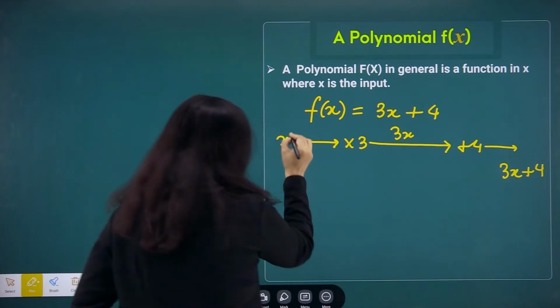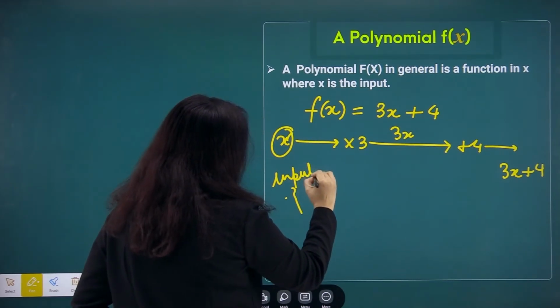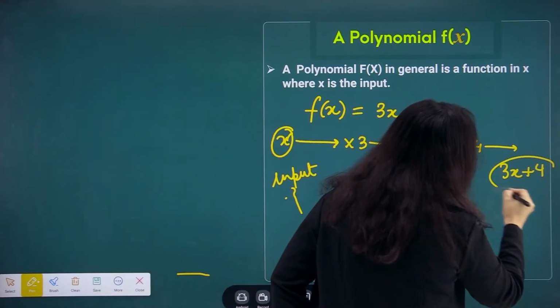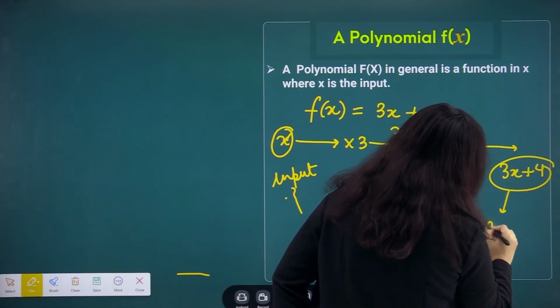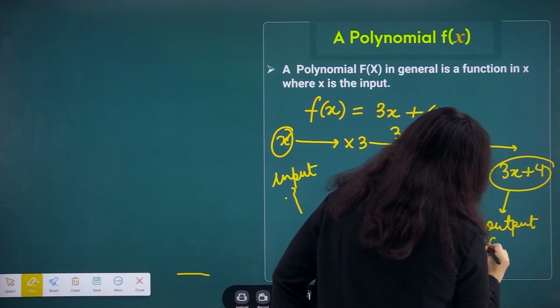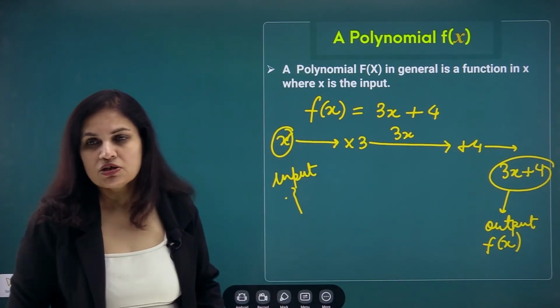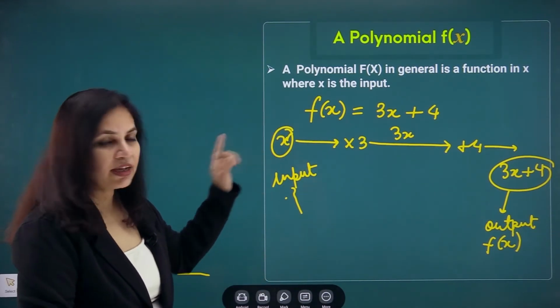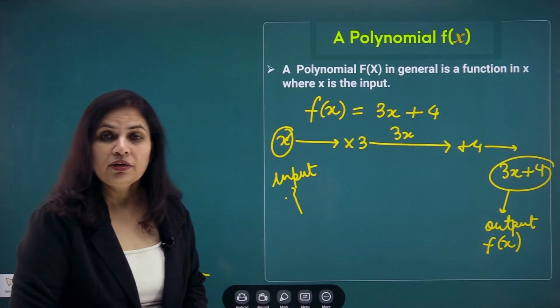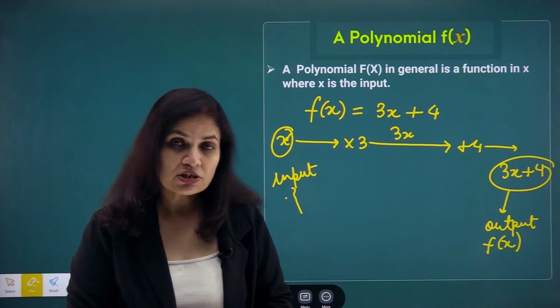So, starting with the input x, I get the output, which is also known as a function in x. So, the output is f(x) and the input is x. Now, why is a polynomial known as a function in x?